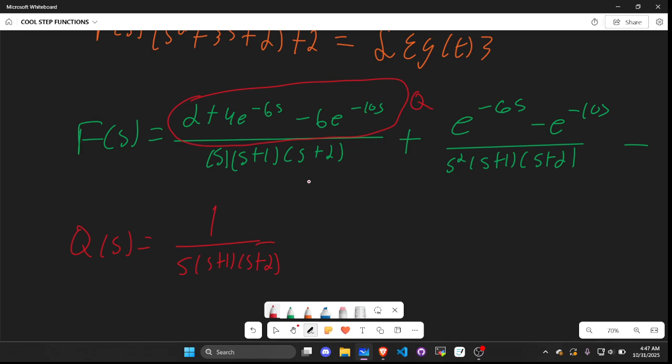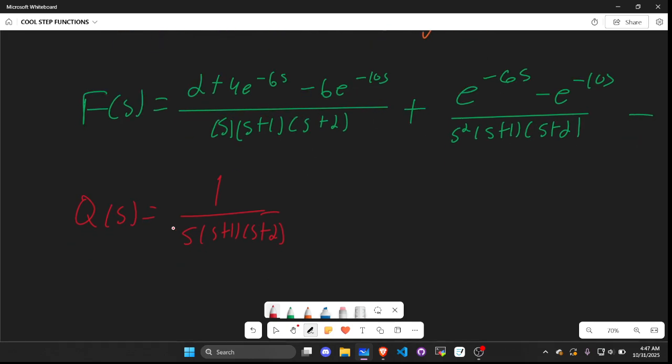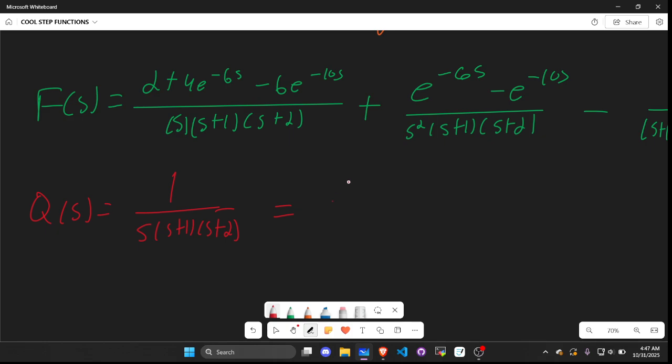So we're just going to get q of s, split it up into its fractions, and multiply the numerator later on by this new q of s that we derive. So we'll just say this is equal to a over s plus b over s plus 1 plus c over s plus 2. Very classic process.